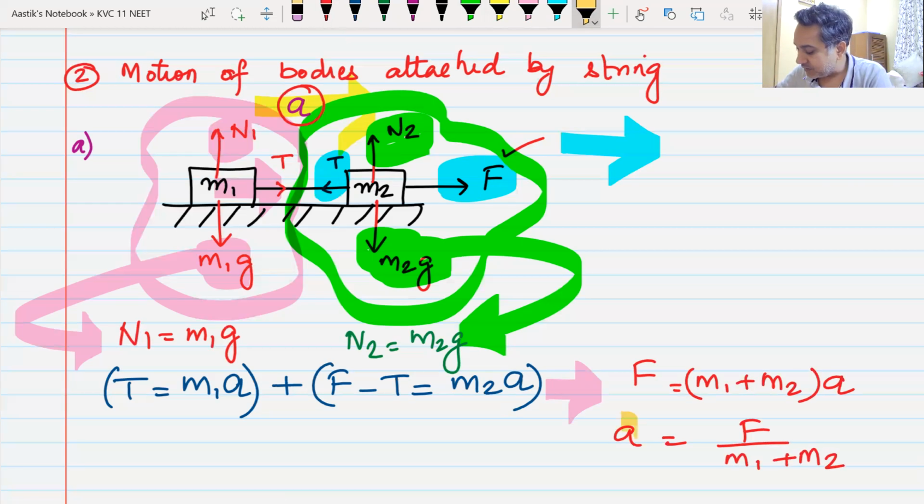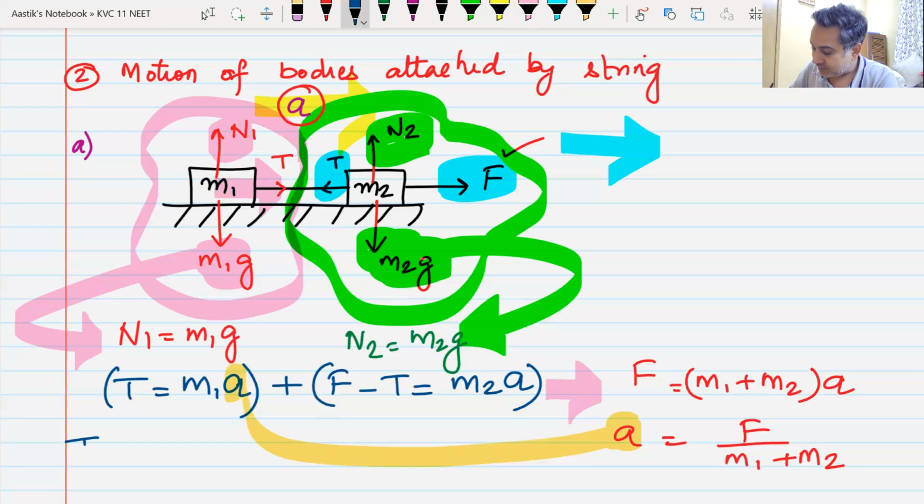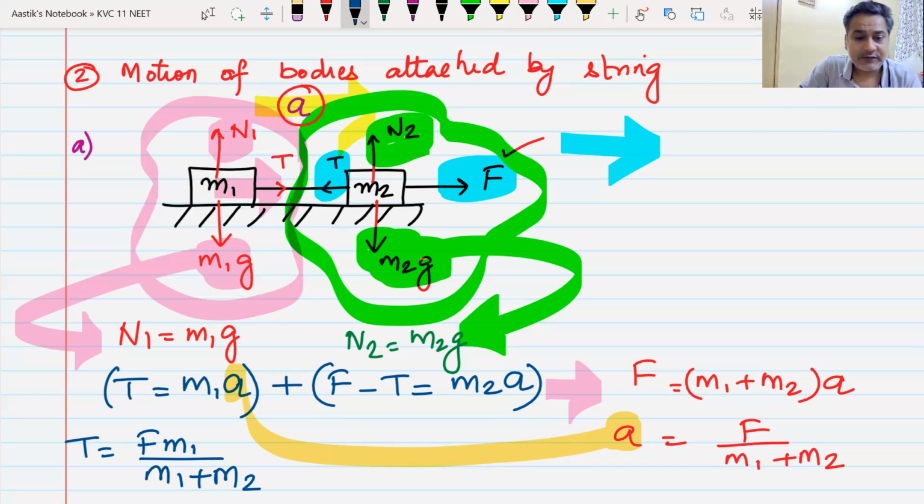Now, if I put the value of this A in this equation, I will get the value of T, and the value of T will be F into M1 upon M1 plus M2. That was the shortcut that I was going to tell you. I hope you understand how this is done. Yes or no? Okay, I'll give you 1 minute to note this down.